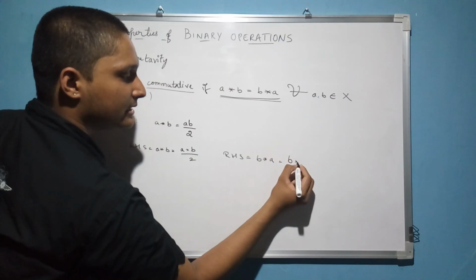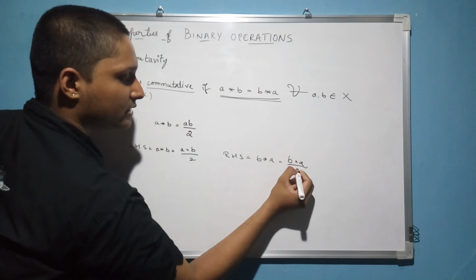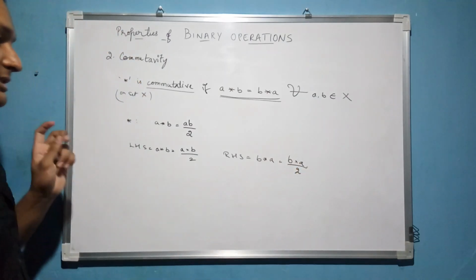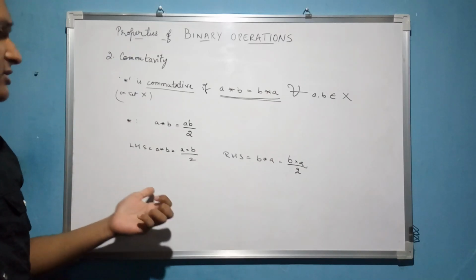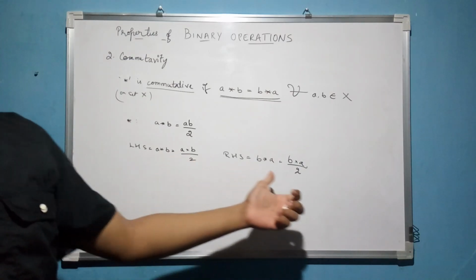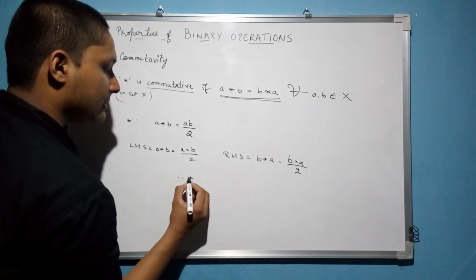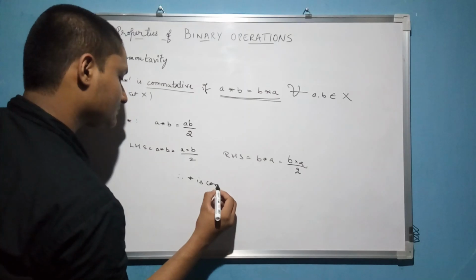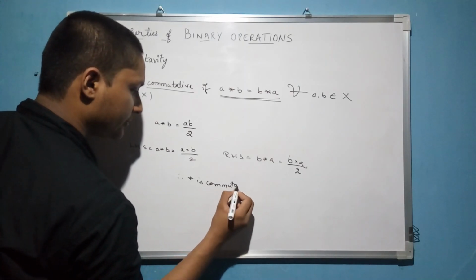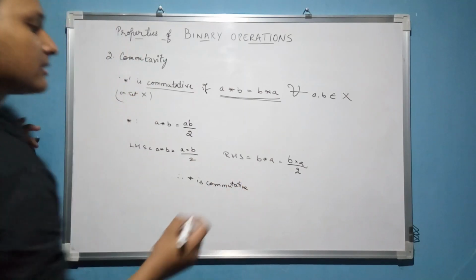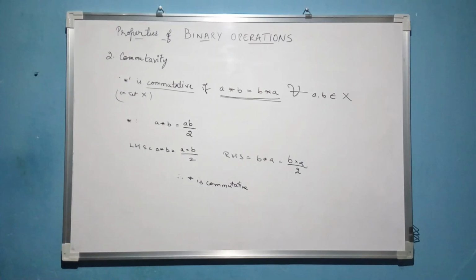That is B into A divided by 2. So just by properties of multiplication, you know that AB by 2 and BA by 2 is same, right? Therefore, star is commutative in this case.